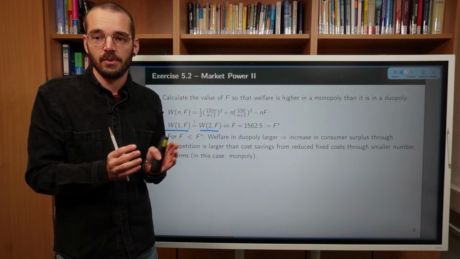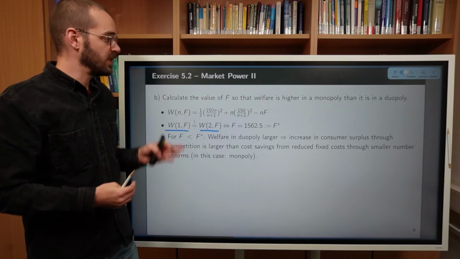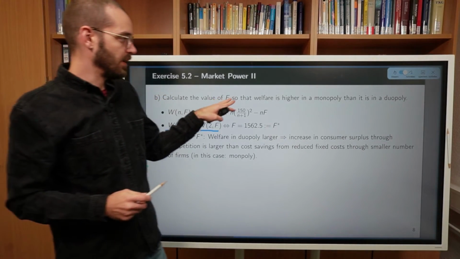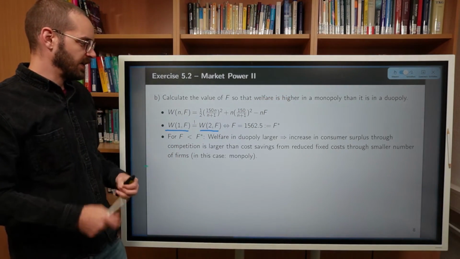So, and then of course we know the boundary for the interval of fixed costs for which this statement that we initially need to find, namely the value of F so that welfare is higher in monopoly, is true, okay?